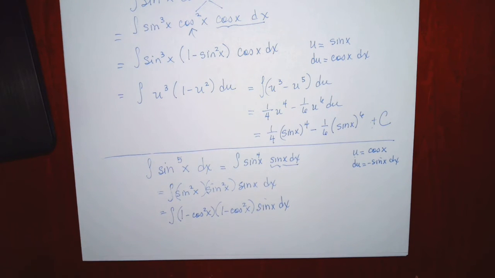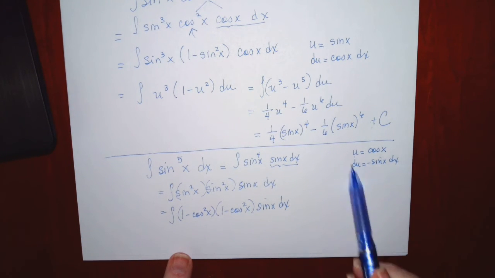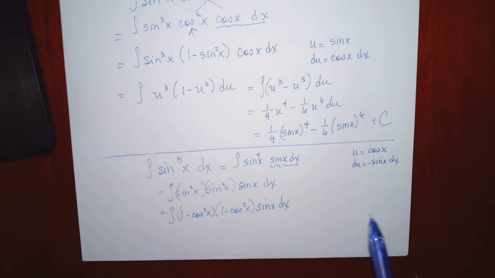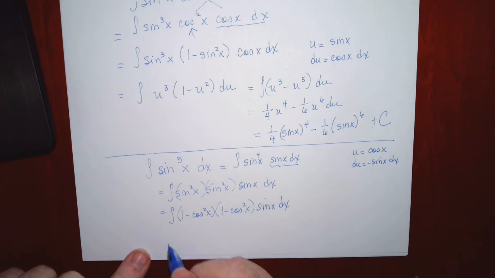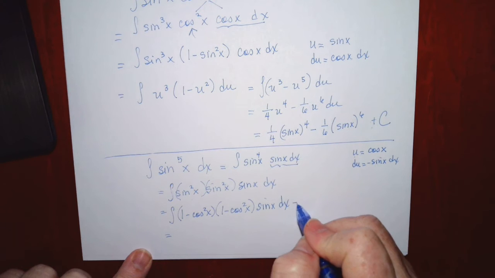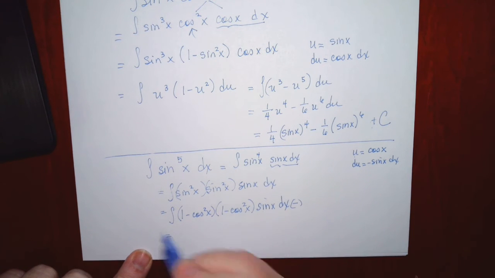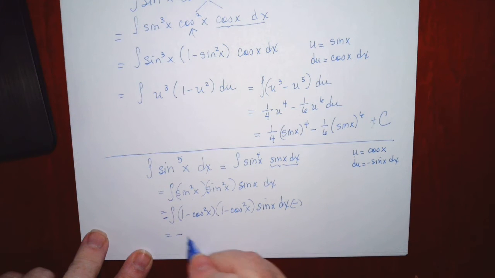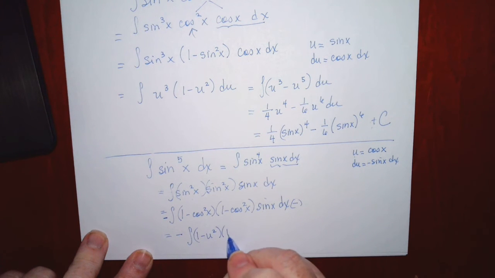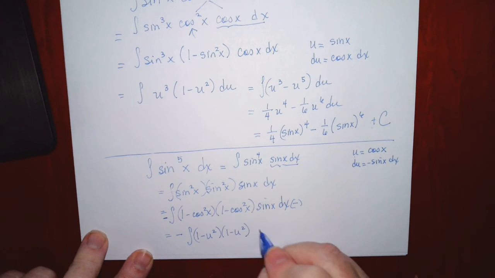All right. Now, I'm going to go ahead and do this u substitution. I need a negative sign in there to make it a negative sine x, and I'm going to reverse it with a negative out front. So I will have negative the integral of 1 minus u squared times 1 minus u squared du.